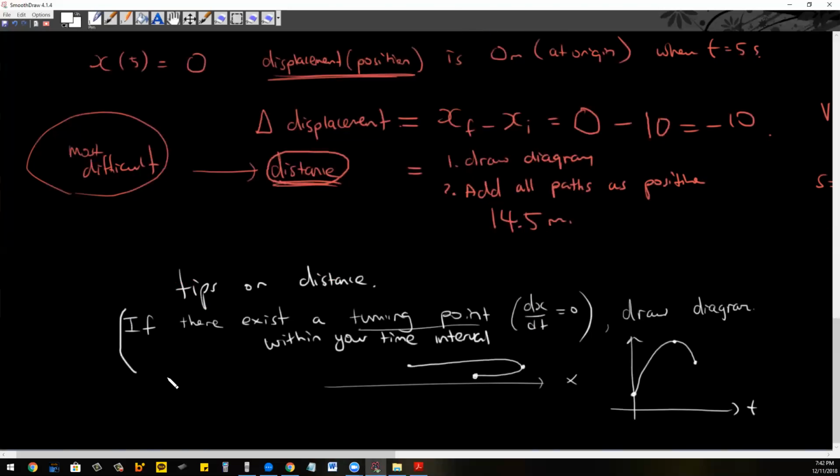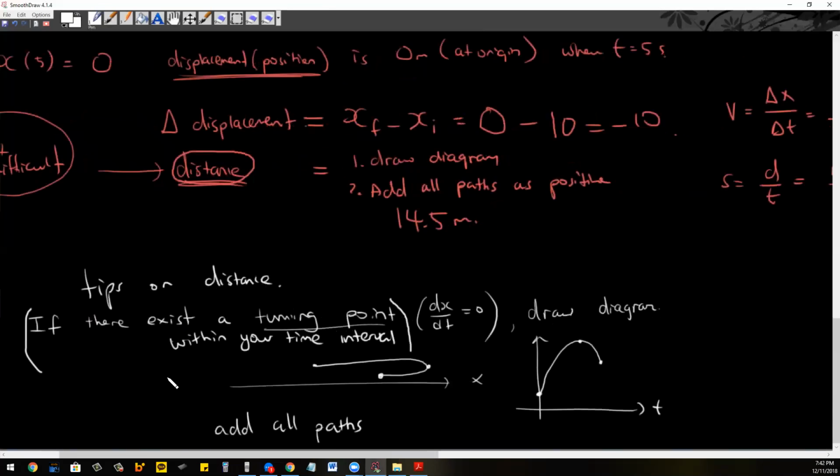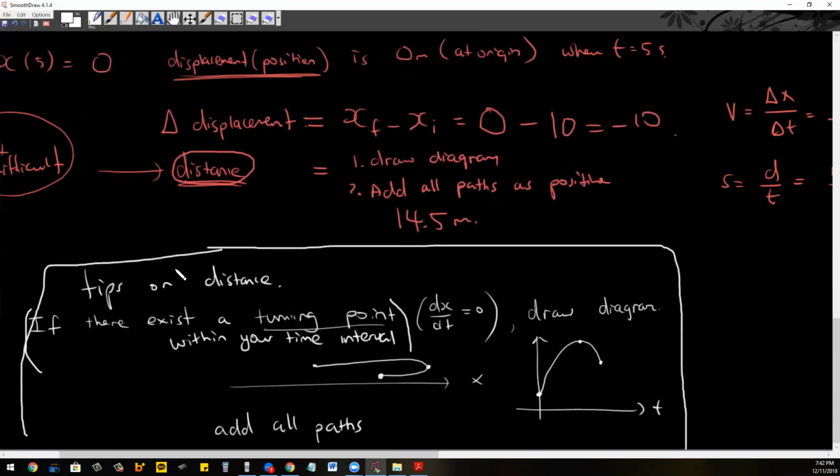If this is the case, then draw a diagram and then add all the paths. Okay, that's what you have to do. And this will be the case most of the time when they ask you distance.